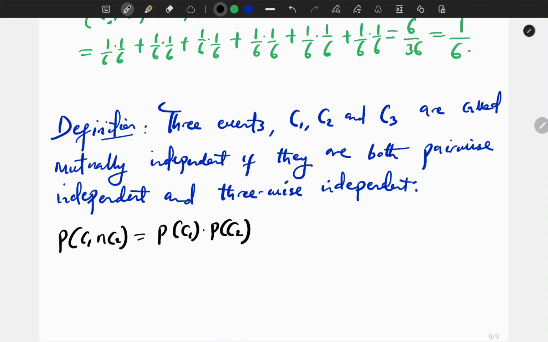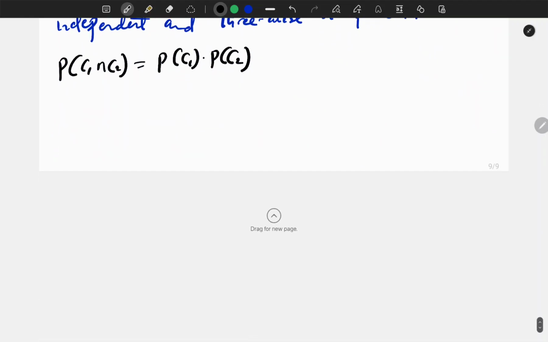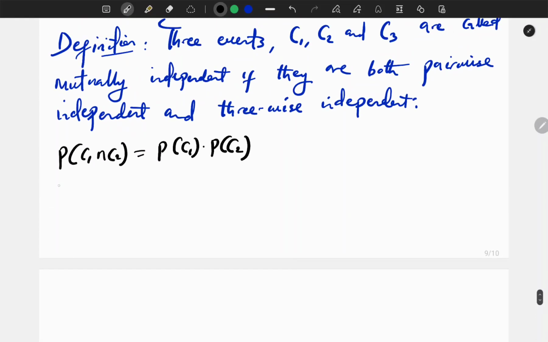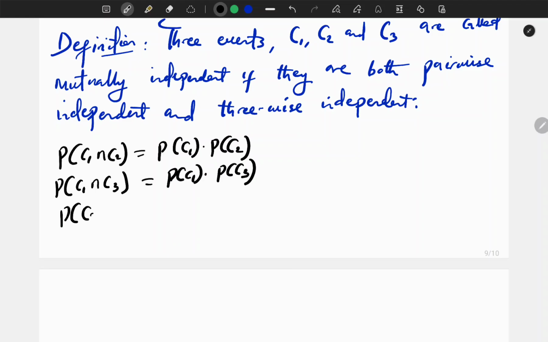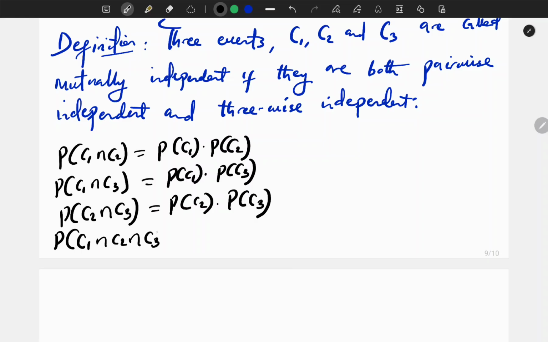Okay, and then the probability of C1 intersection C3 is the probability of C1 times the probability of C3, and the probability of C2 intersection C3 equals the probability of C2 times the probability of C3. So the probability of C1 intersection C2 intersection C3 equals the probability of C1 times the probability of C2 times the probability of C3. Okay.